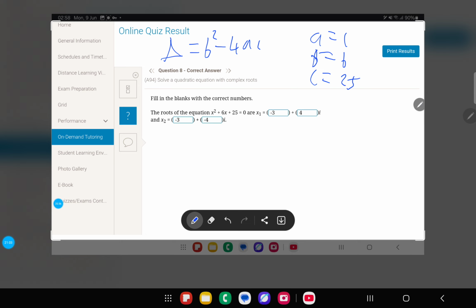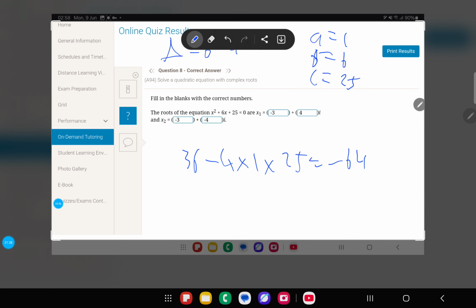Let's substitute for the respective variables. b squared, which is 6 squared, 36, minus 4 times a, which is 1, times c, which is 25. 36 minus 4 times 1 times 25, you get negative 64. So delta is equal to negative 64.